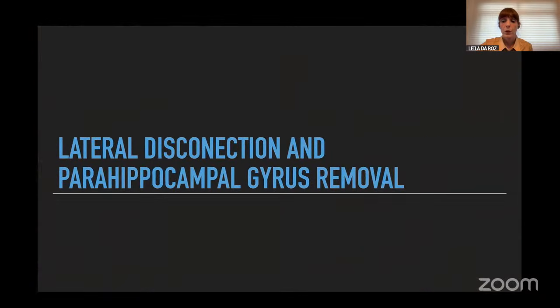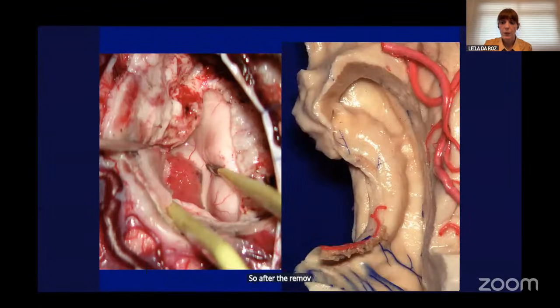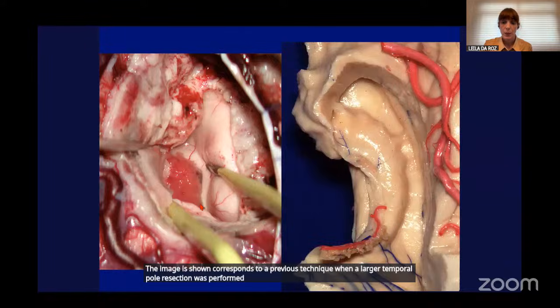So after we remove the temporal lobe, we perform the lateral disconnection and parahippocampal gyrus removal. After the removal of the temporal tip, we have the ventricle exposed. The image shown corresponds to a previous technique when a larger temporal pole resection was performed, which made the visualization of the choroid plexus and the inferior choroidal point easier.